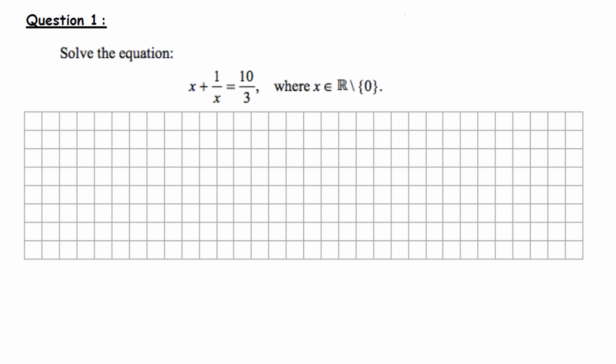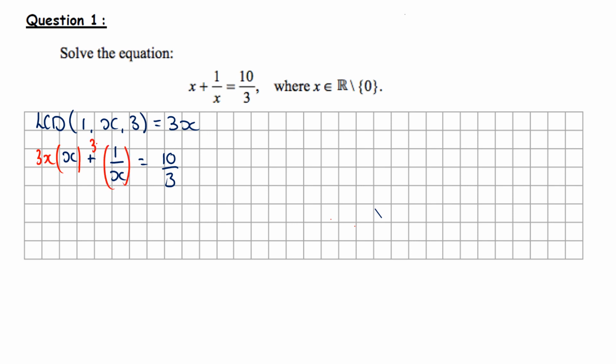To create our quadratic, we're going to find the lowest common denominator. The lowest common denominator of x and 3 is going to be 3x. So we're going to multiply the whole way across by 3x. So let's start with what we have: x plus 1 over x equals 10 over 3. We multiply each piece by 3x.